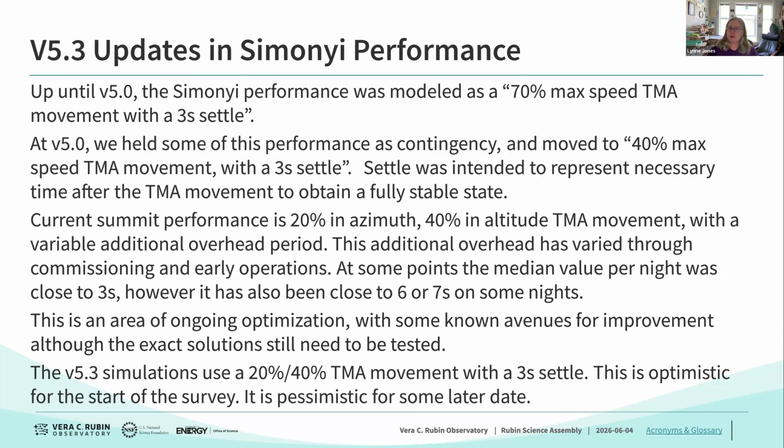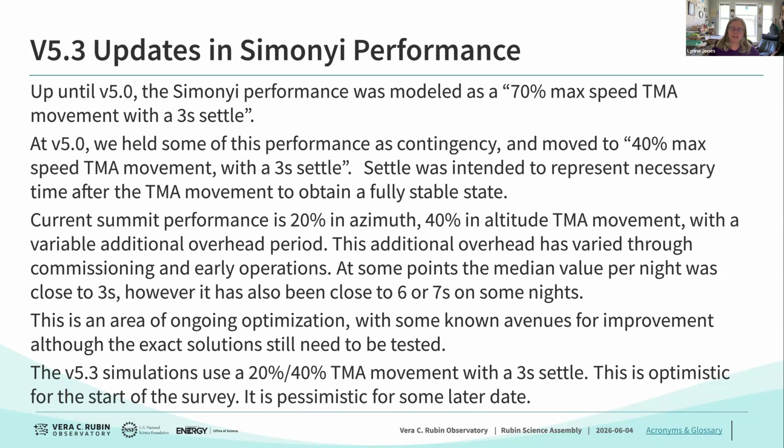One thing to note is that most of our slews are very short: we go from one field to the adjacent field most of the time. So the TMA speed itself is not the bulk of the slew time. The bulk of the slew time is that settle. So even though we went from a 70% TMA to a 40% TMA, it wasn't a huge impact, because most of the time is held in that settle.